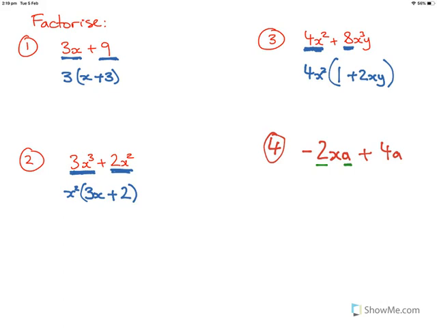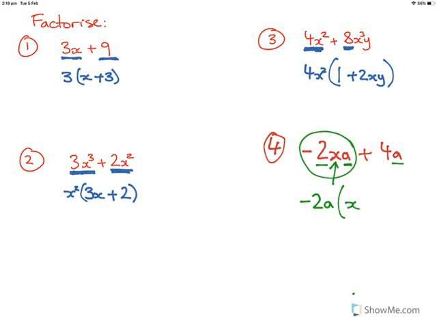Now, one thing that you'll see is that some people might pull out this negative already. So I'm going to do that so you can see. So minus 2, okay, and I need the a as well, because that's common to both. And then all I need to multiply it by to get this whole term is x, because that's not in it. So I'm just going to put x.